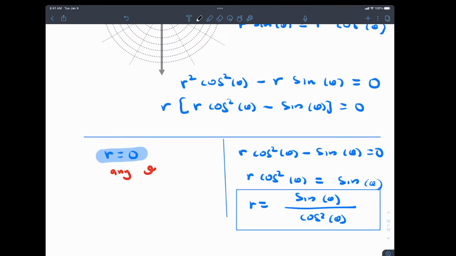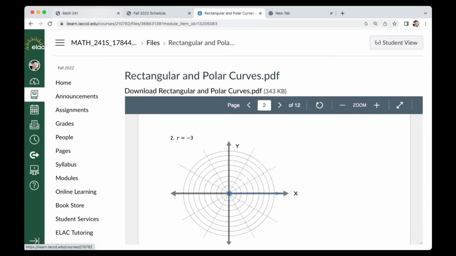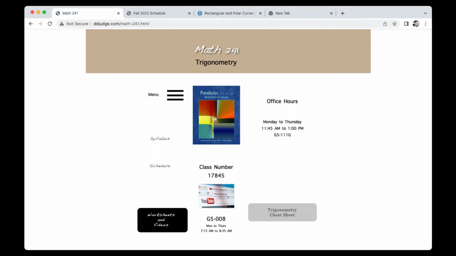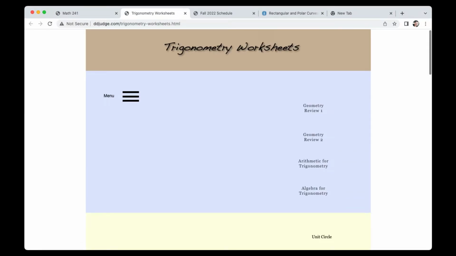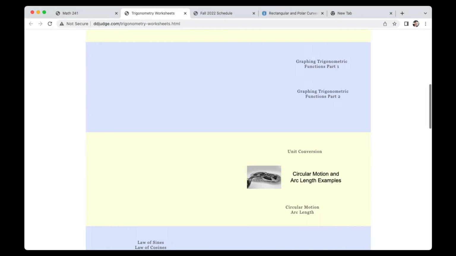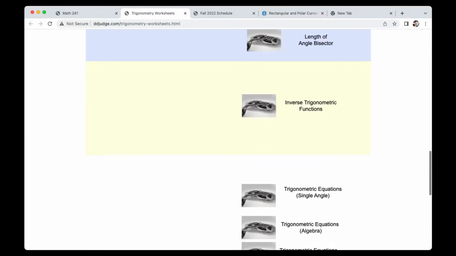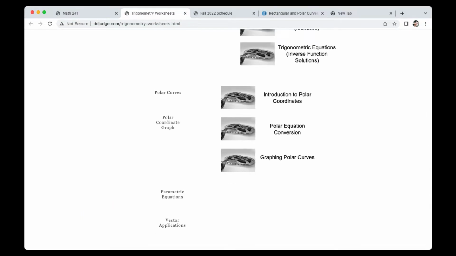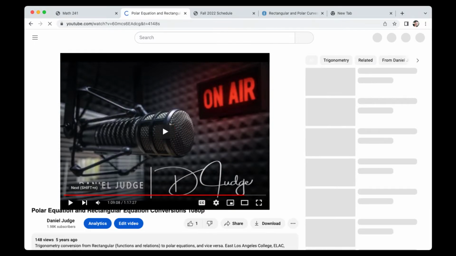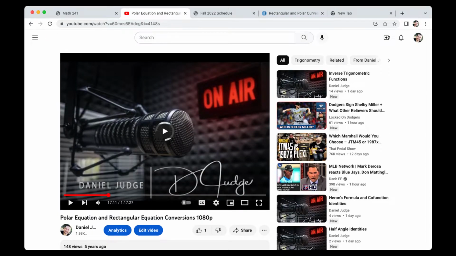But, to remark, remember, I'm redoing the Trig web page on my website. So even if you go to worksheets and videos, you go, hey, that looks very different. I'm going to try to separate a lot of what I did here. The files are still here. But polar graphs, I think right here, polar equation conversion. What did I do?